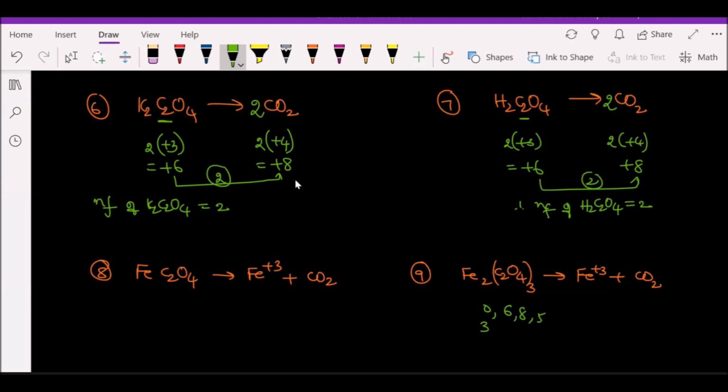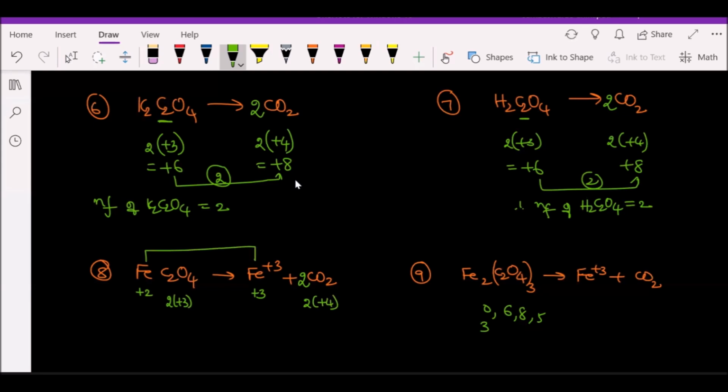What is the oxidation number of iron before the reaction? It is ferrous, because oxalate we know is -2, so iron will have +2, and here iron is +3. And we have two carbons, and here we have two CO2 compulsorily, because each carbon is +3 here. So 2 times +3, and here it is 2 times +4. Listen up carefully.